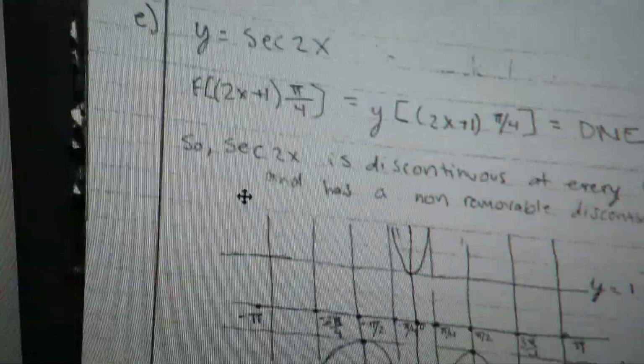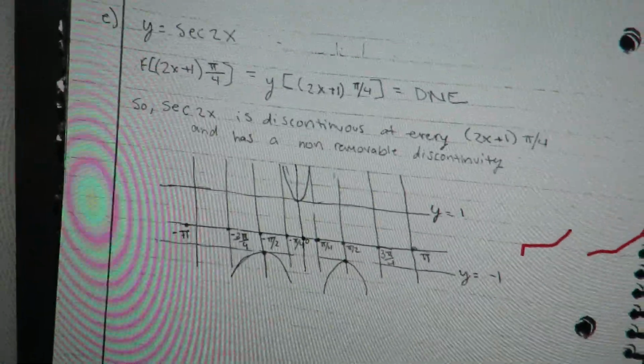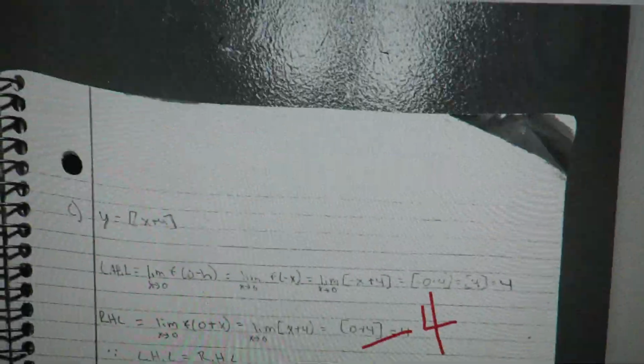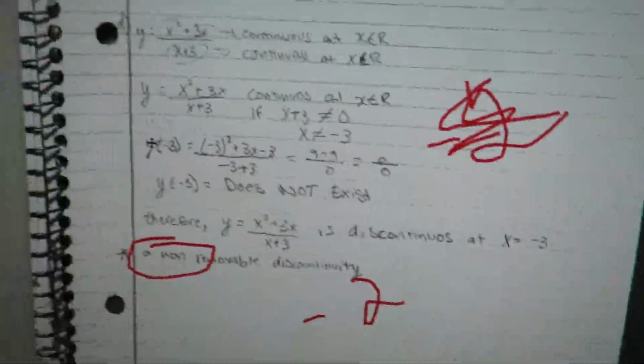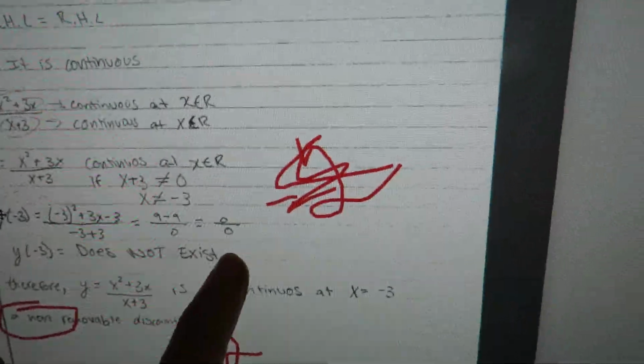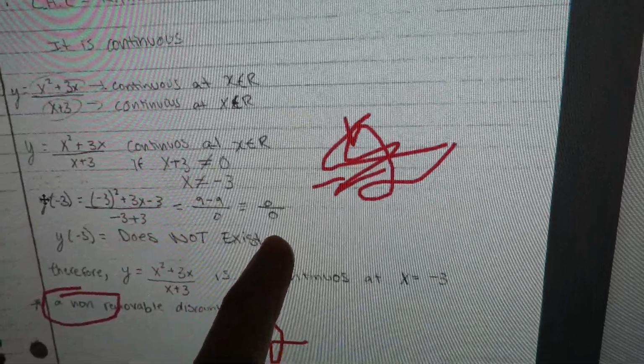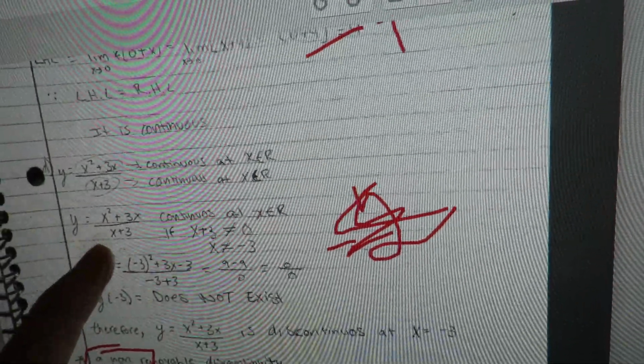Okay, let me see then. Letter D. Remember, when you get 0 over 0, that's indeterminate, not undefined. So indeterminate actually graphically makes a hole.